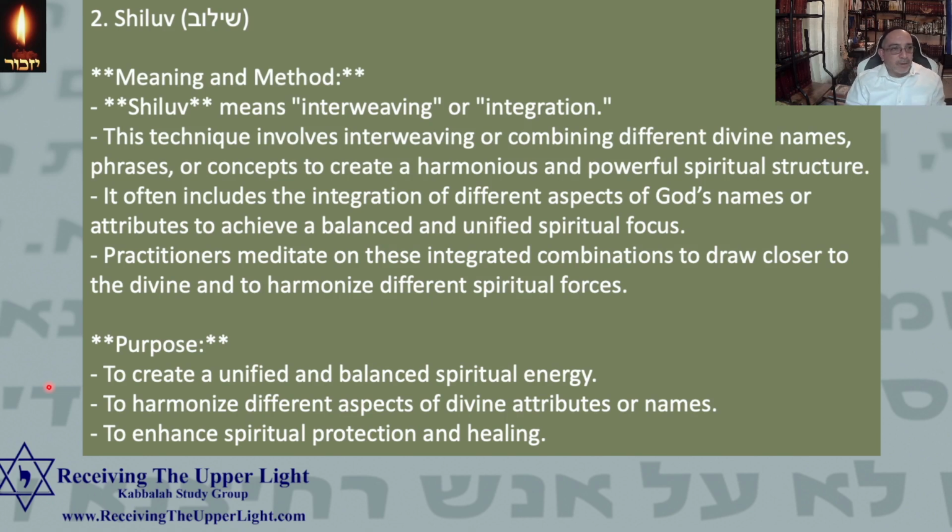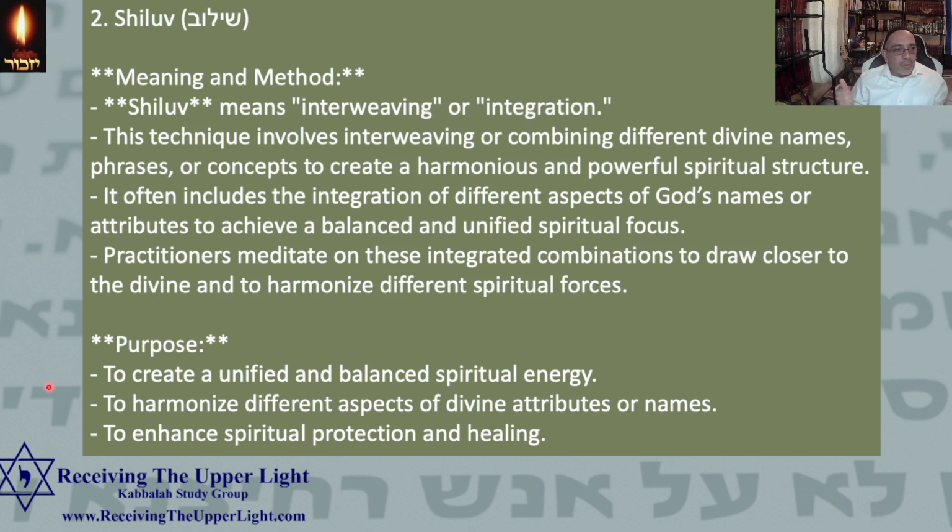People that practice, or the Kabbalists that practice, meditate on these integrated combinations to draw closer to the divine and to harmonize different spiritual forces. The purpose here is to create a unified and balanced spiritual energy, to harmonize different aspects of divine attributes or names, to enhance spiritual protection and healing. So here we have different things, right? The other one is to achieve enlightenment, to achieve connection. Here is to balance our spiritual energy.